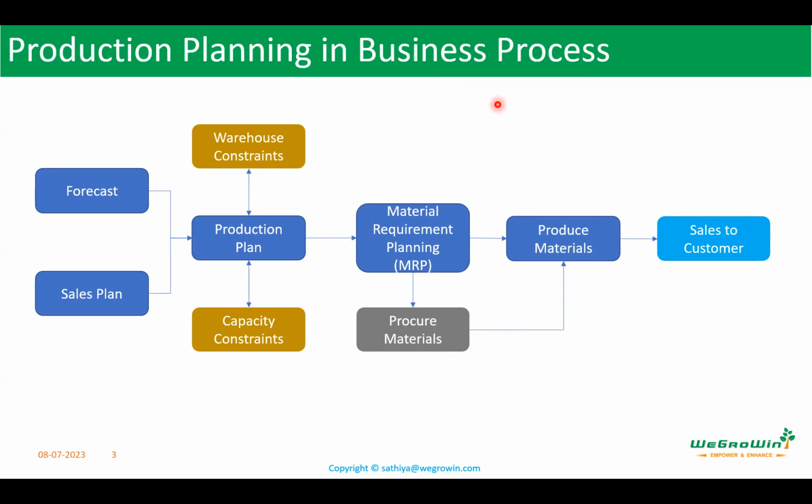In APO, sir, when we enter the forecast directly without reference to any sales or something, it's called independent planning. If we generate some demand based on some past history or requirement from the distribution center, this is dependent planning.